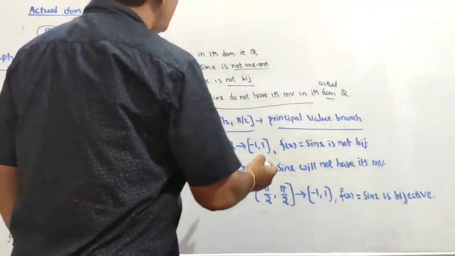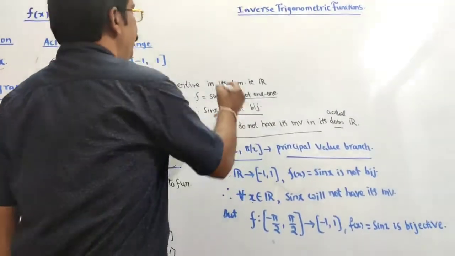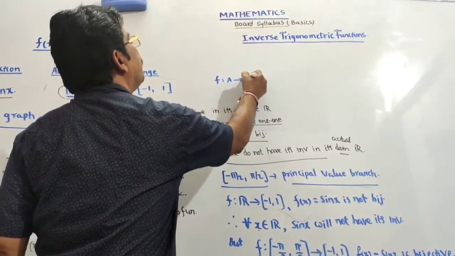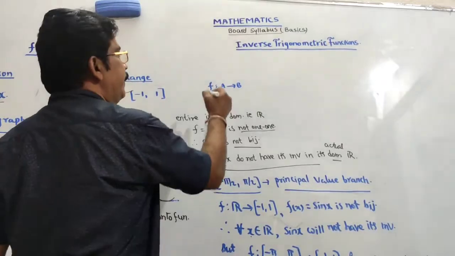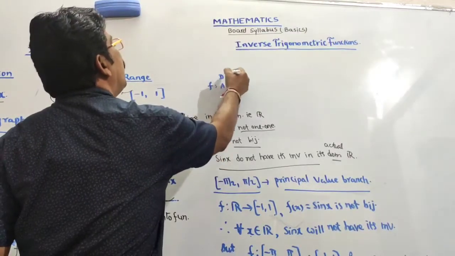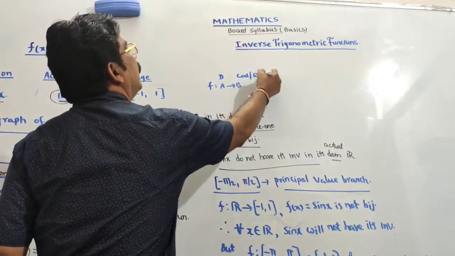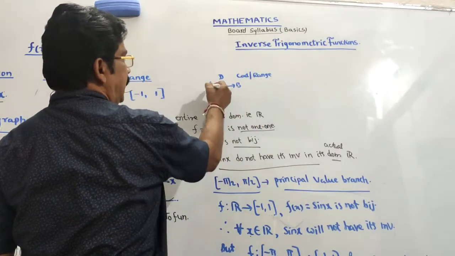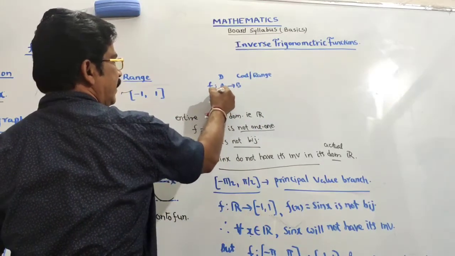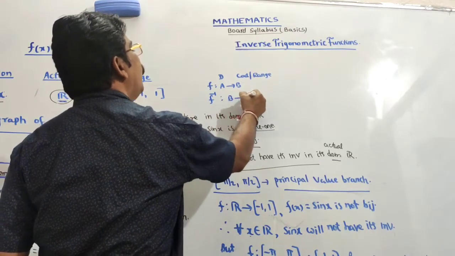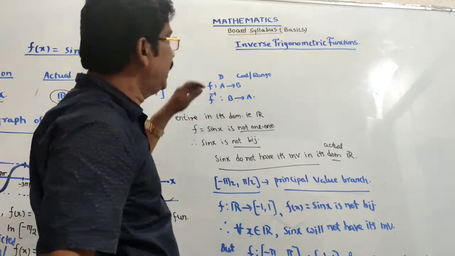Actually, in functions, if f from capital A to capital B is a function, this is called the domain, and this is called the codomain or range. Then its inverse is denoted by f inverse and defined from B to A. Means what?